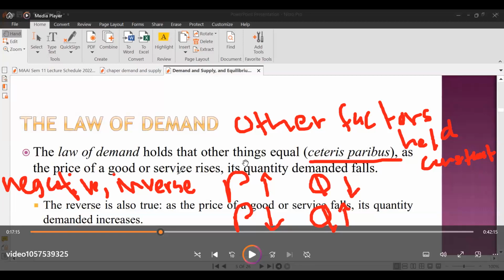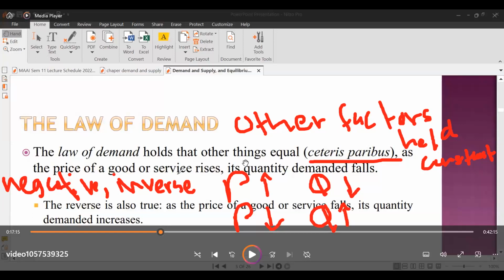Law of demand means that even though there are a large number of determinants impacting the determination of demand, out of all these factors we examine the relationship only with the price of the commodity.